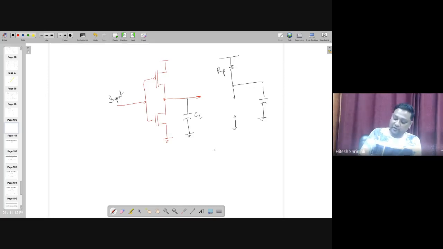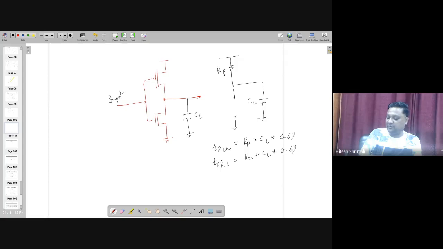So when you are moving from low to high, we assume that it's RP times CL times 0.69. That will be the propagation delay. Whereas in the case of high to low, it's going to be equal to Rn times CL times 0.69.